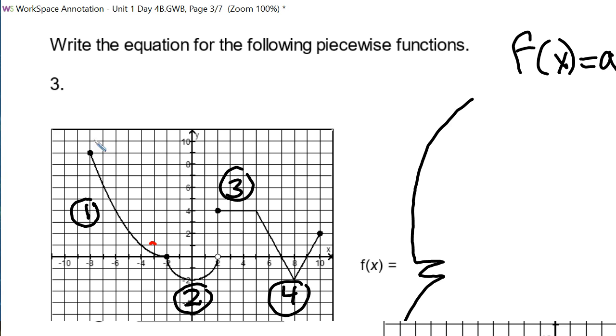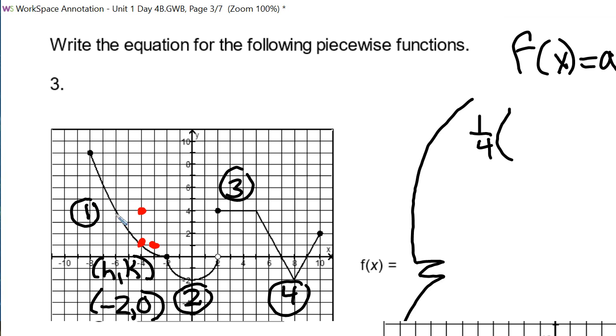Over 2 and up 4. So it should have been up here, but they only went up what? 1. So a is 1/4, that's right. So a is 1/4. Now, we need h, k. So for that quadratic, what is h, k?